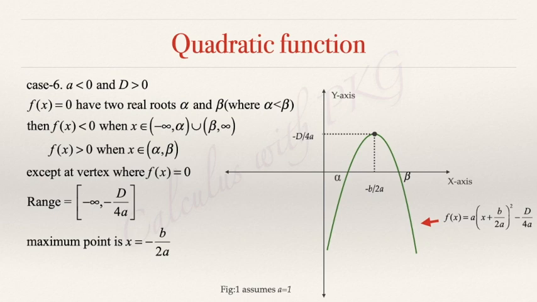Now what about the range of the function? It is from minus infinity to minus d by 4a, and the maximum point is x equal to minus b by 2a.